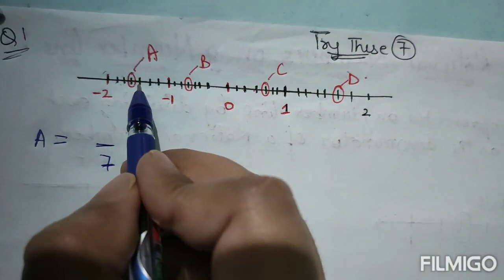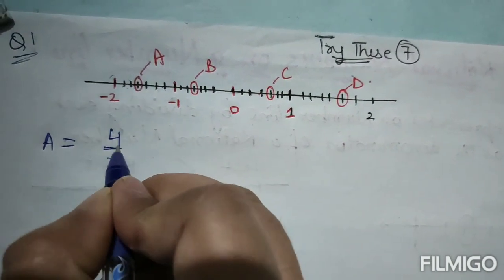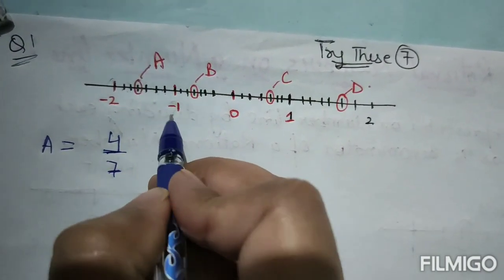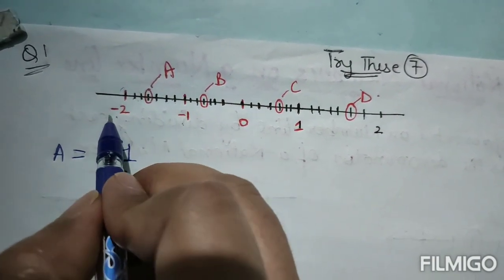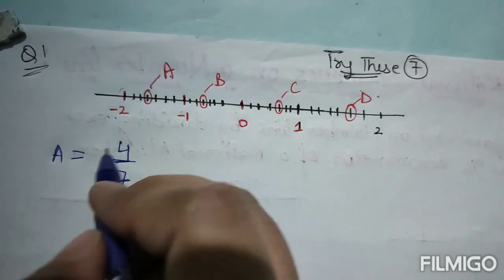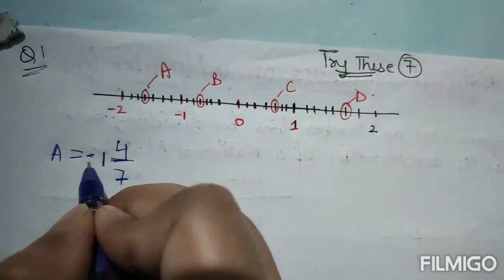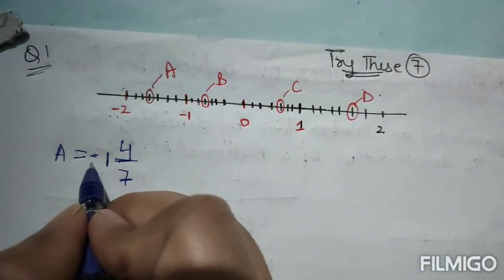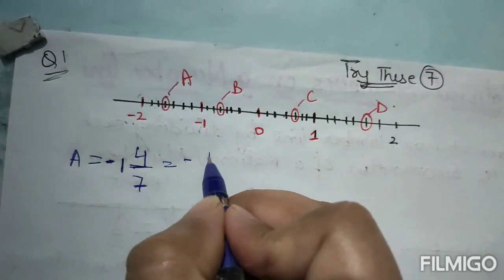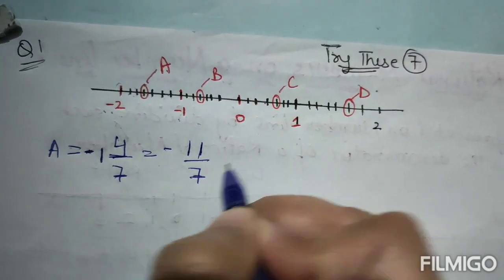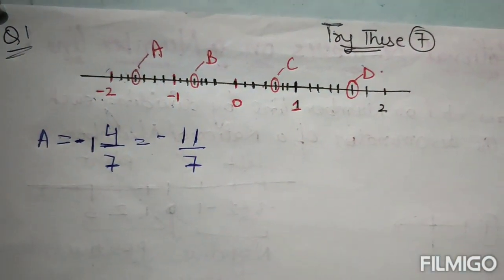So 1 2 3 4, but check, it is between -1 and -2. That means the number will be -1 4/7, which will be -11/7. Clear?